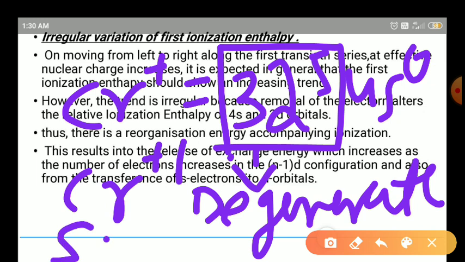Degenerate means they have the same energy. So the first ionization enthalpy of the d block elements can be decided by the 3d and 4s orbitals.